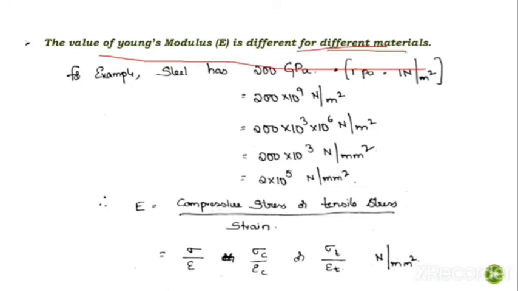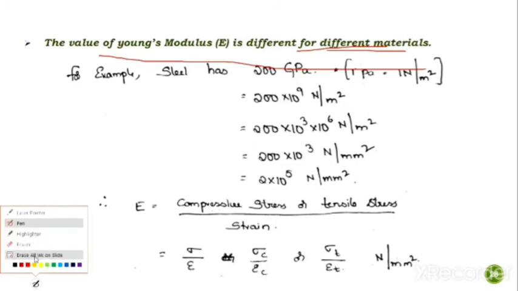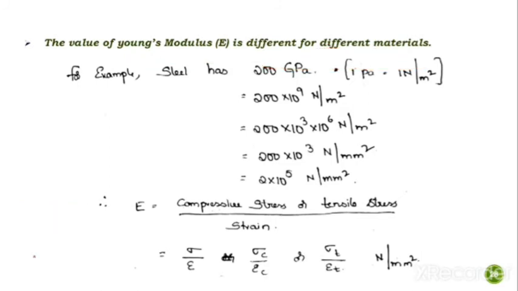The steel or the iron has a different value, and concrete, the most commonly used material, has a different value, and rock stone has a different value. But as you see, steel has a value of 200 gigapascal.